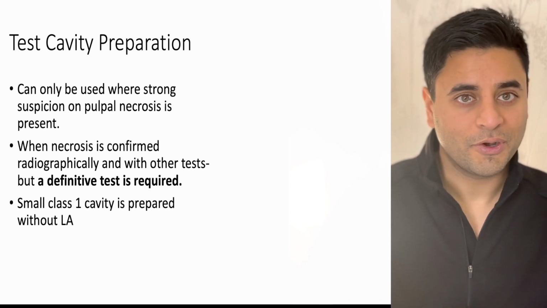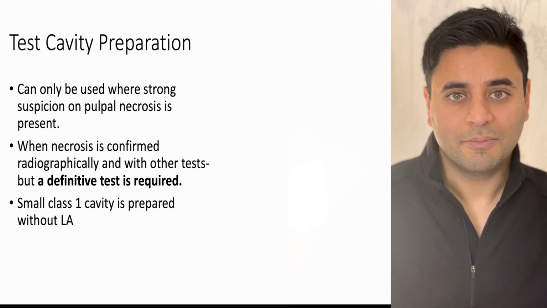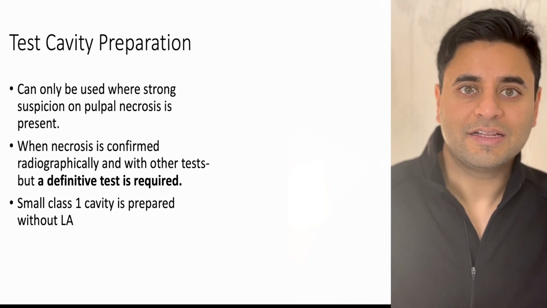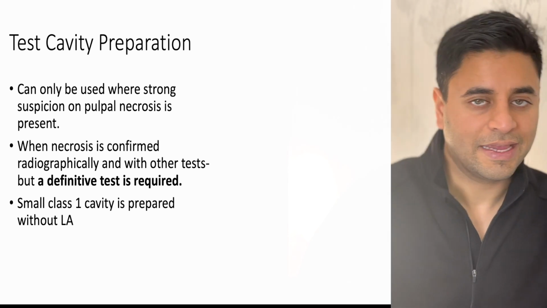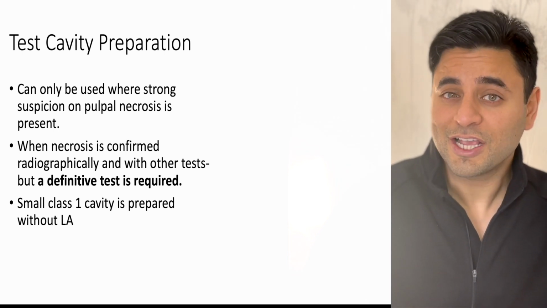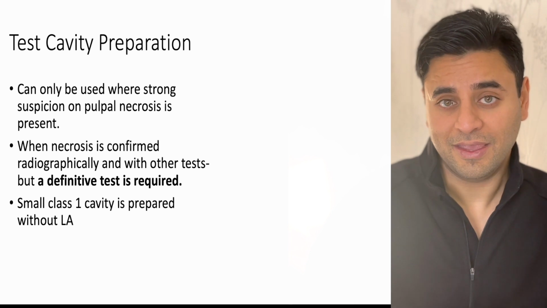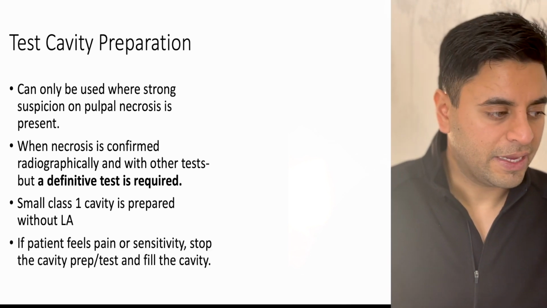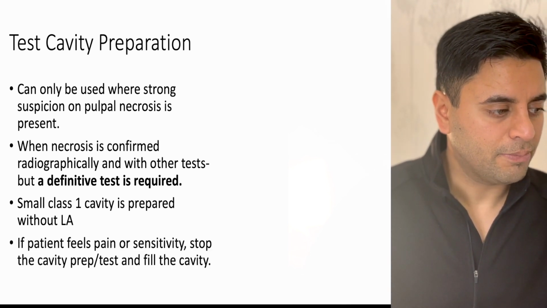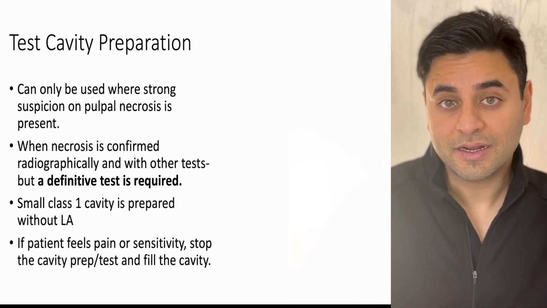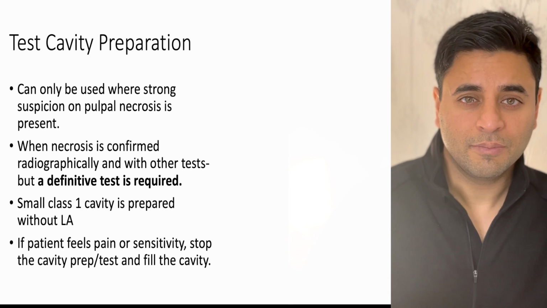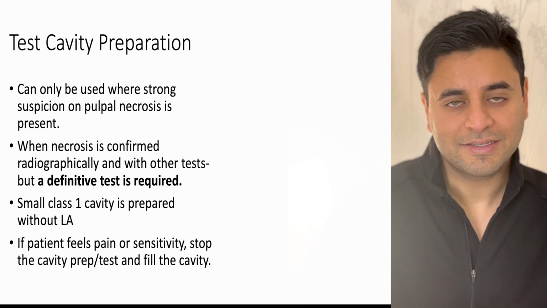If the patient responds with some dentinal sensitivity, or starts raising a hand, then you know that this tooth is actually vital no matter what other tests are saying. If the patient feels pain or sensitivity, stop the cavity prep test and fill the cavity with a correct restoration. So that is another kind of special test, but it's also a pulp vitality test that can be used.